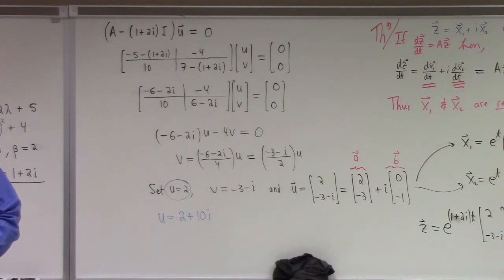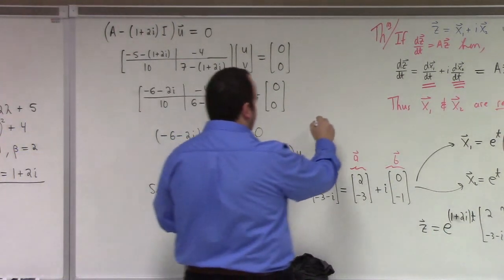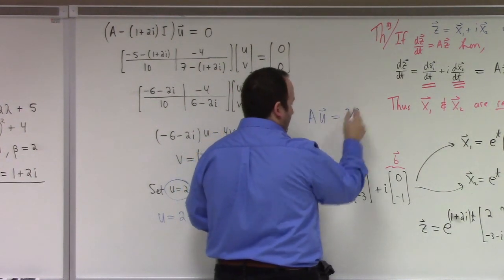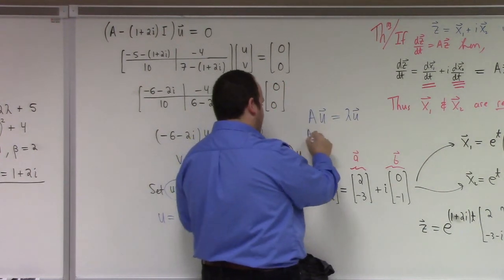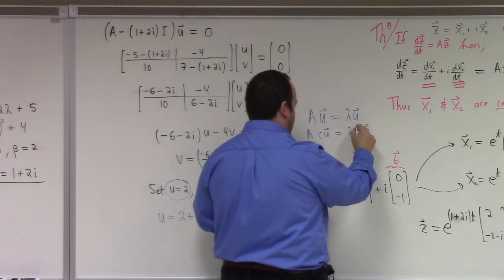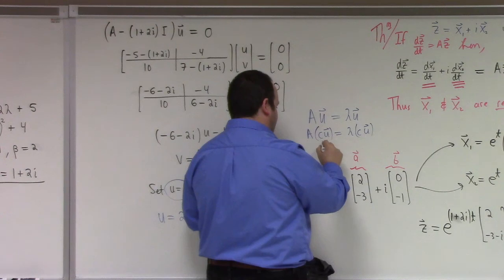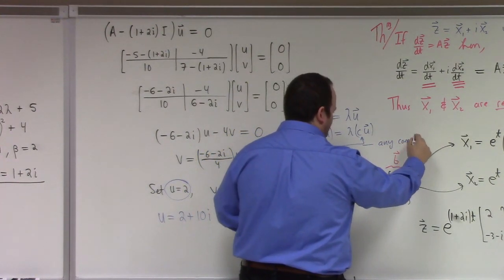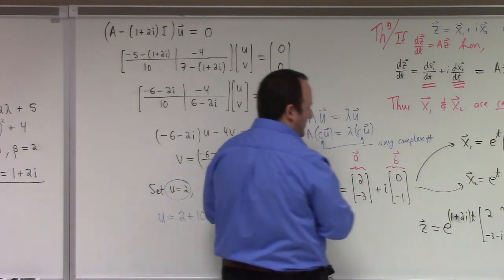And the thing is, what's a complex eigenvector? If u is an eigenvector, if you have Au equals lambda u, then A times cu is equal to lambda times cu, right? But this c could be any complex number. What happens when you take any complex number and multiply by a vector?